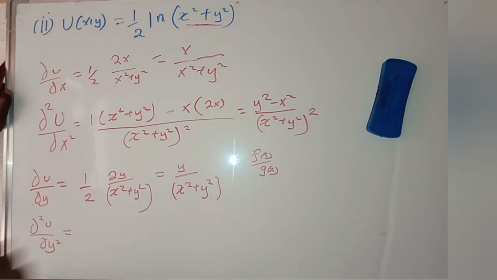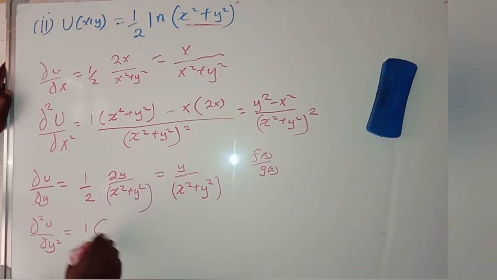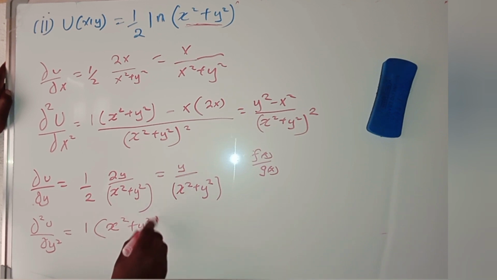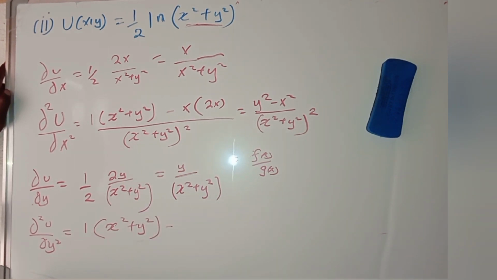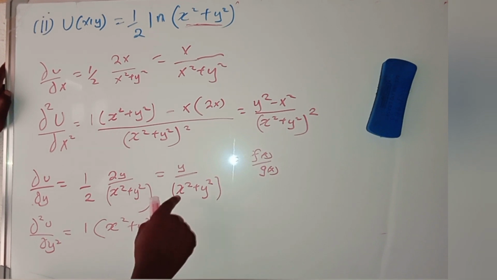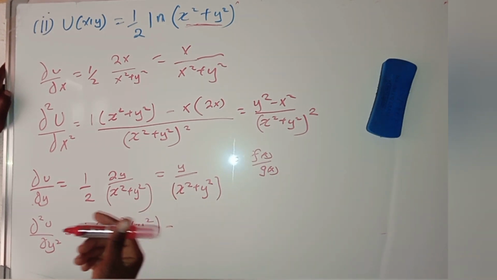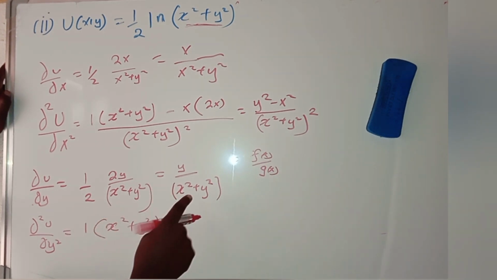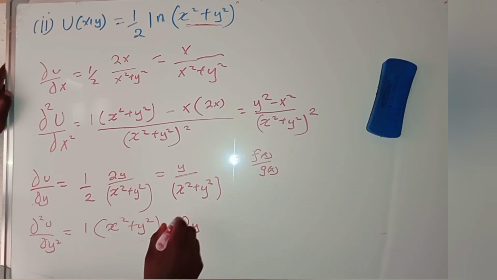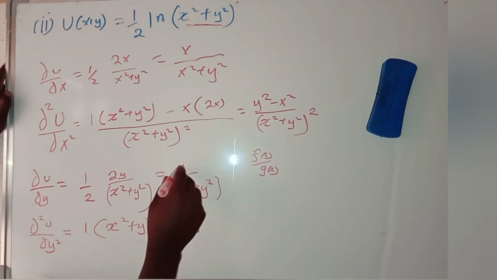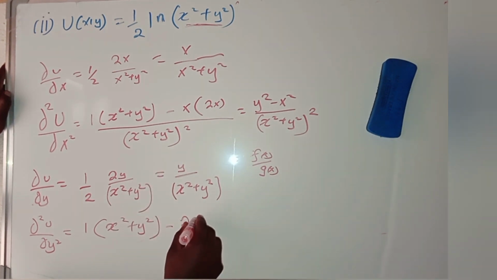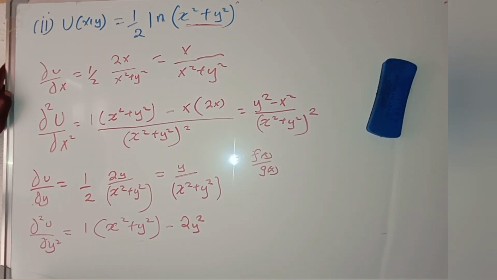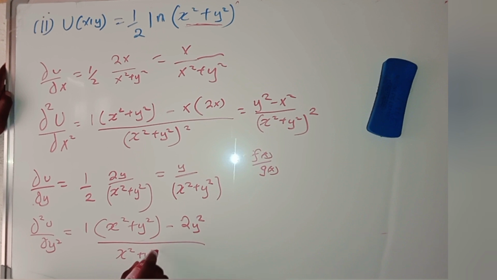So the derivative of y is 1 multiplied by the denominator part, x squared plus y squared, minus the derivative of the denominator part with respect to y partially, which is 2y, multiplied by y, 2y squared, divided by x squared plus y squared, squared.